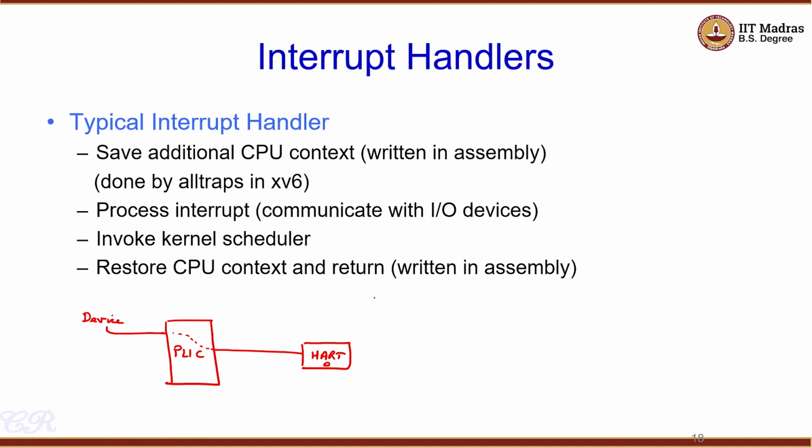The software first saves the program counter into the EPC, the exception program counter, and moves the vector from the STVEC register into the program counter, and therefore now you have the first instruction in the supervisor mode to execute.